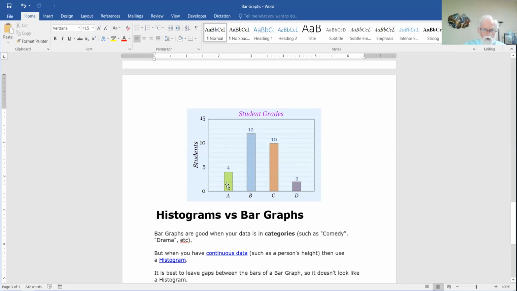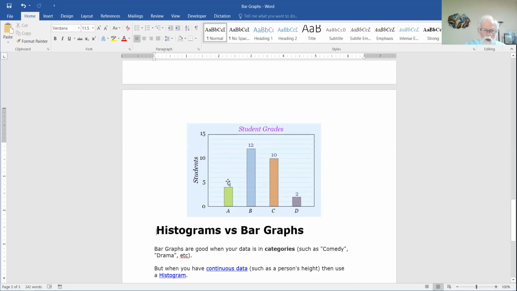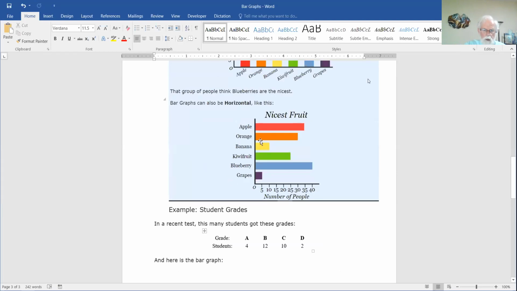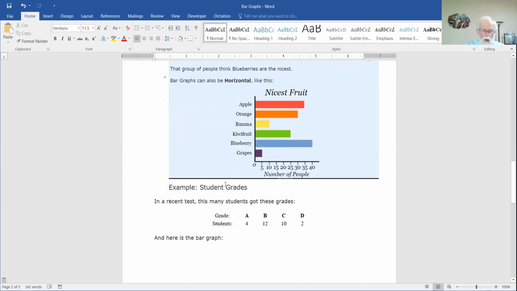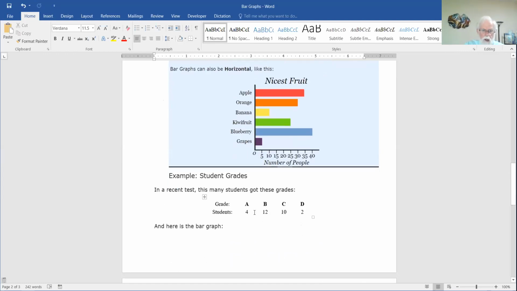But we have this discrete data. There is no continuum here from apples to oranges to bananas to kiwis, etc. You either get an A, a B, a C, or a D, even if you differentiate them as A minus and B plus and that sort of thing.